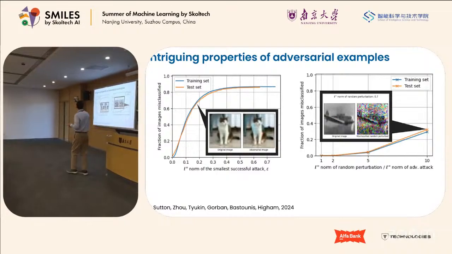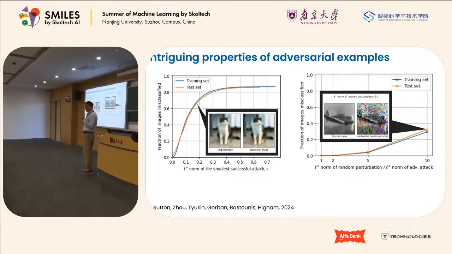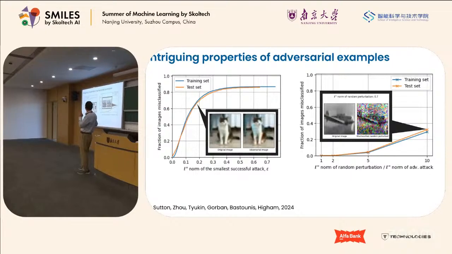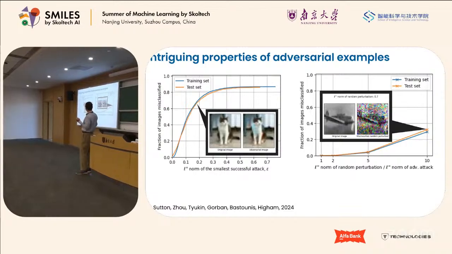And you see a very nice picture that after some size of your adversarial attack, almost all of the data points flip the labels. But if you apply random attacks, and here on the horizontal axis, I plot the ratio of the size of the random perturbation to the size of my adversarial attack. Then when the size of my random perturbation is 5 times the size of the adversarial attack, but I'm doing this at random, nothing happens.